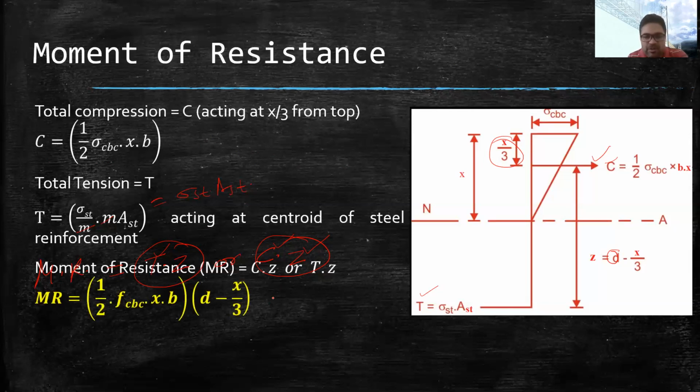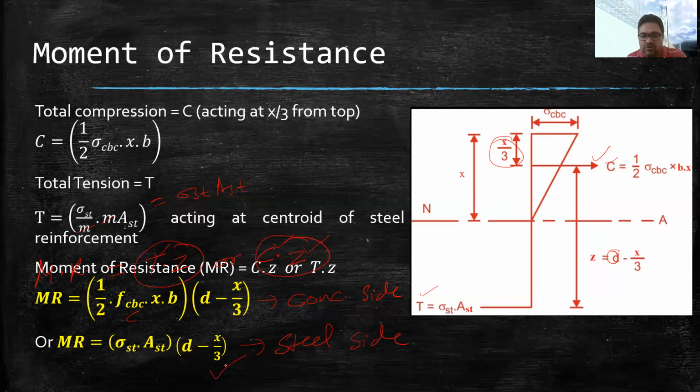If we calculate from the C side, C belongs to concrete, so we write this as the concrete side. If we calculate the moment of resistance from the steel side, it will be called the steel side. So this formula is the moment of resistance from the steel side, and this is the moment of resistance from the concrete side.